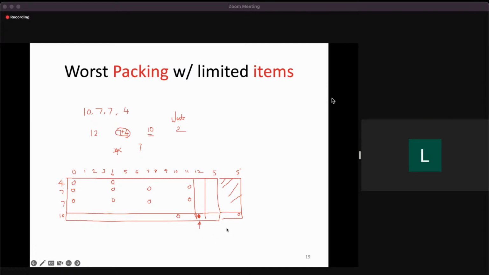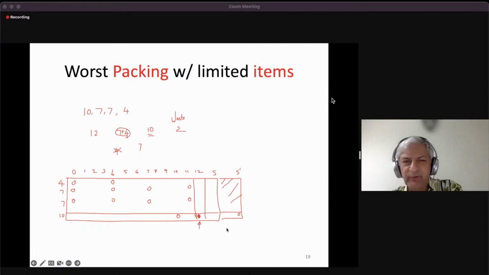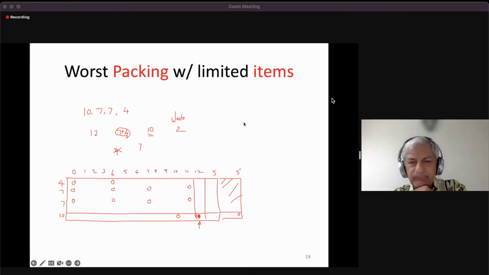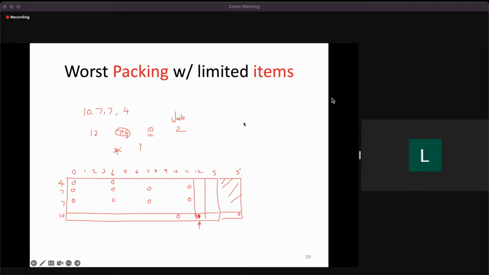So what I just said, wouldn't that work? Repeat it for me, please. Yeah, so you want to get the maximum waste. The number that you're looking for is 12 right now. And the smallest coin that we have is 4.